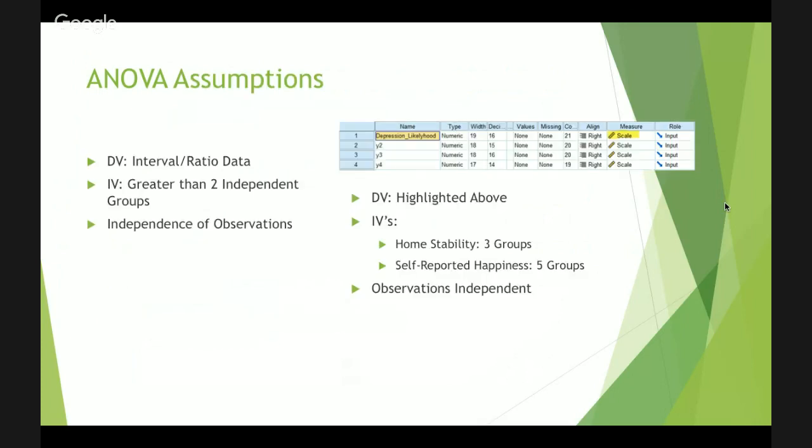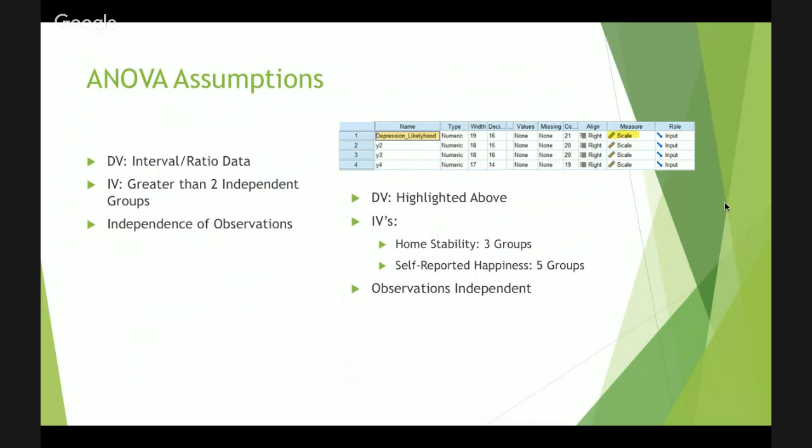Now, moving on to the next assumption: the dependent variable, or depression likelihood, must be measured on an interval or ratio scale. You can see in the table at top right, the depression likelihood is highlighted in yellow, and the measure itself is a scale, which is interval or ratio data. The next assumption for the independent variables, or IVs, is two or more independent groups.